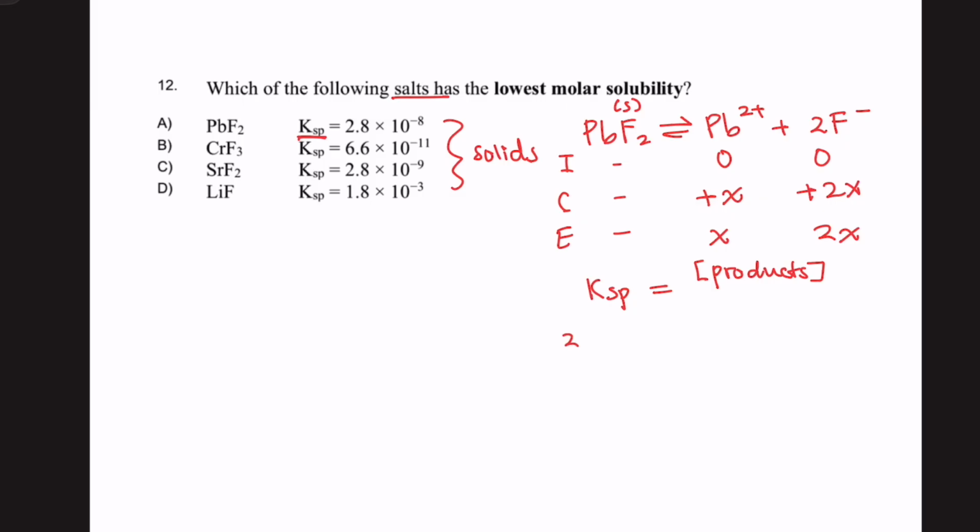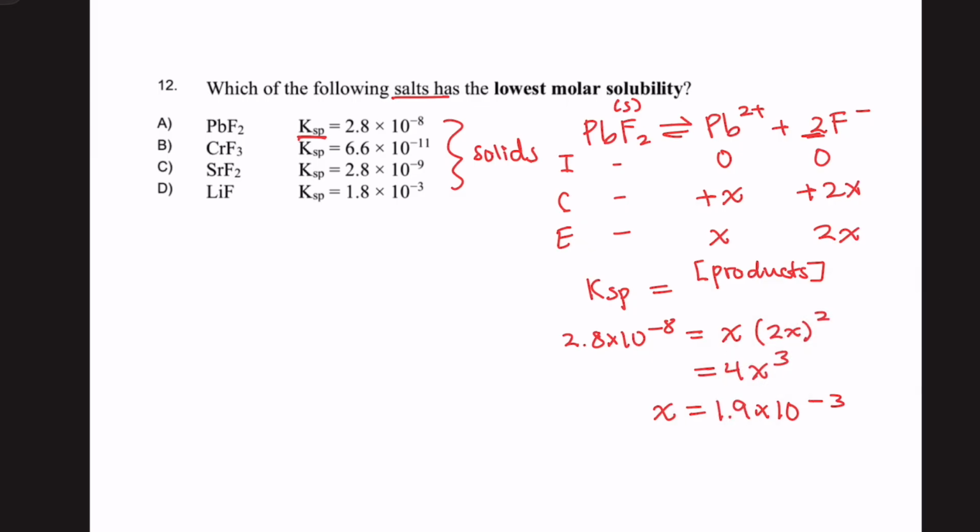So KSP is 2.8 times 10 to the negative 8, X times 2X squared, because we have the coefficient of 2. And this is going to be 4x cubed. And if you solve for x, you should get 1.9 times 10 to the negative 3. And now we're just going to repeat that for the other 3 salts.